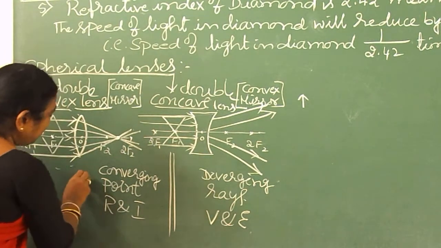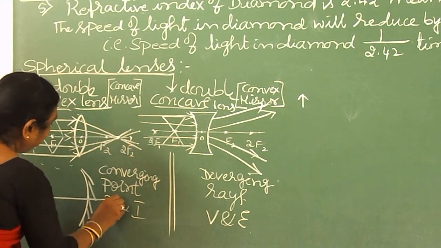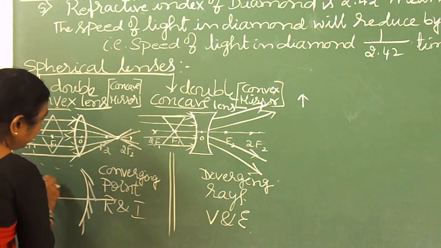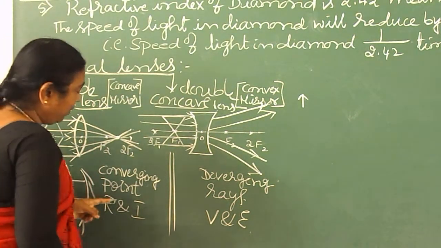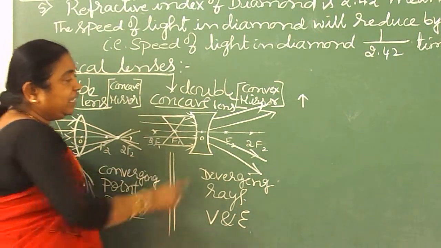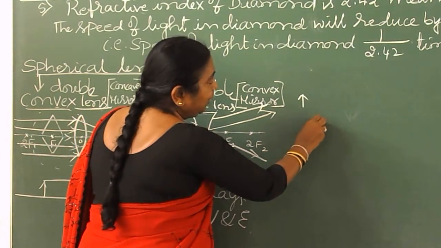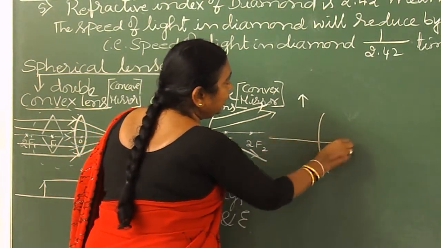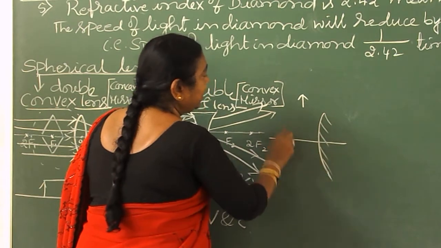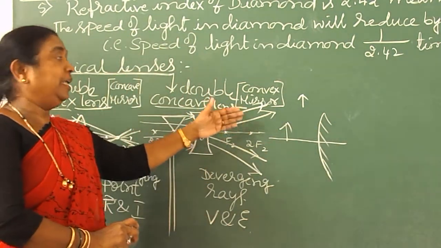You have observed that in the concave mirror, whenever the light rays enter, they form a real and inverted image, whereas in the concave lens, just as with the convex mirror, it always forms a virtual and erect image.